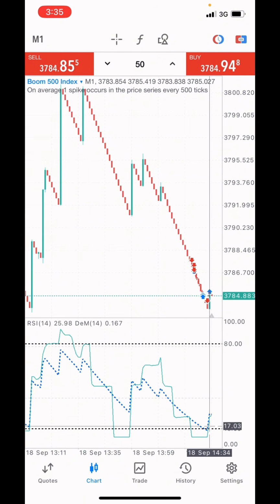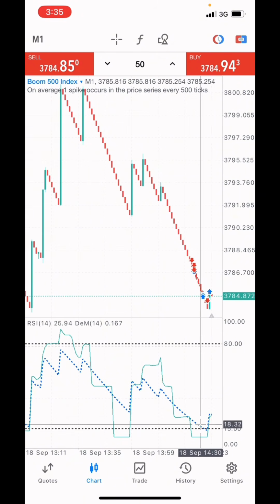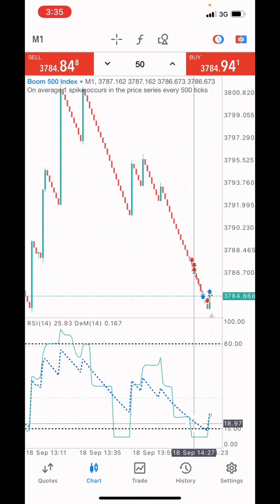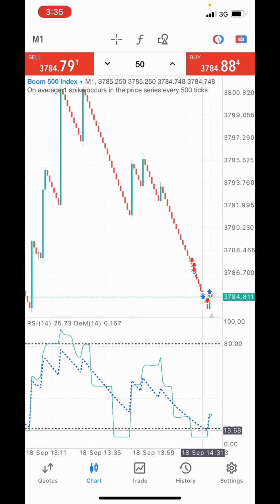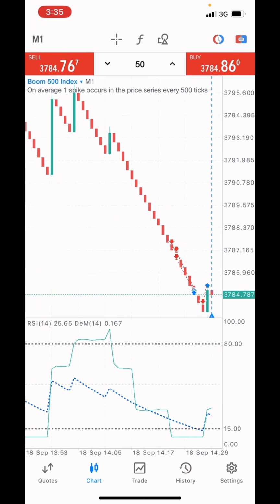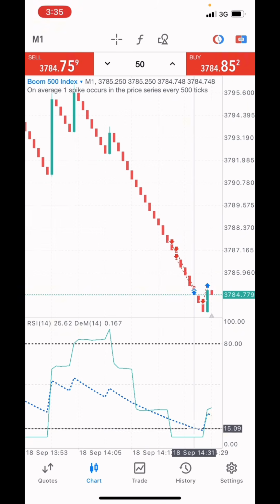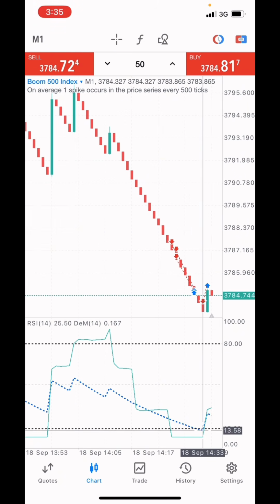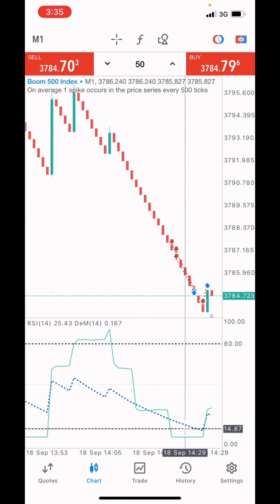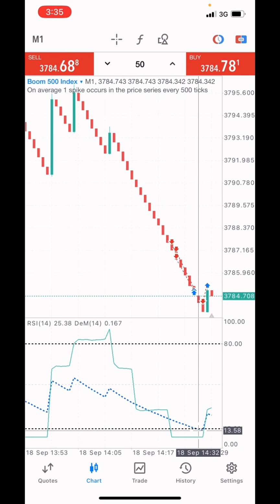You can see it spikes at this point. So immediately the relative strength index, this blue line, immediately the RSI crosses below this level 15. Now if you zoom to this level, you're gonna see that this blue line crosses below this level 15 at this point, guys. So this is the point where you want to exit the market.